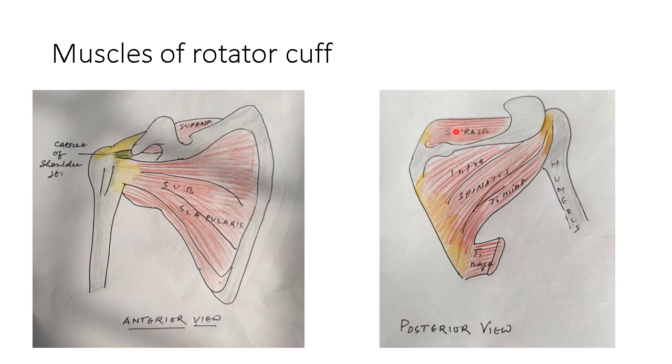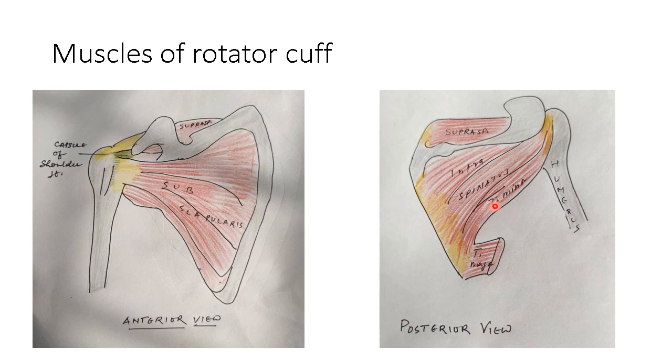And in this diagram, you are seeing the posterior view of the scapula and the humerus, where you can see three muscles of the rotator cuff. This is the supraspinatus muscle, inserted on the upper facet of the greater tubercle of the humerus. Then you have the infraspinatus muscle, which is inserted on the middle facet of the greater tubercle.